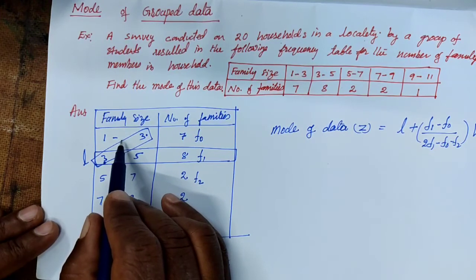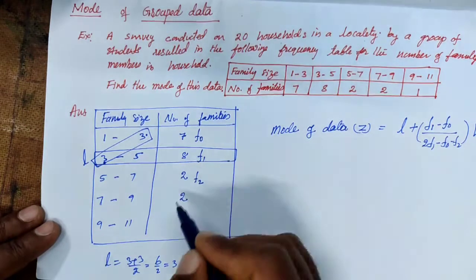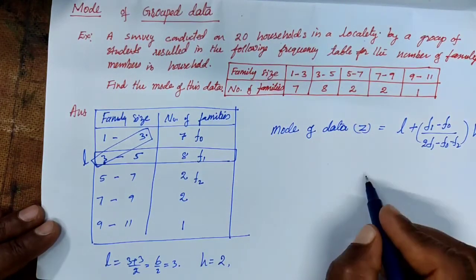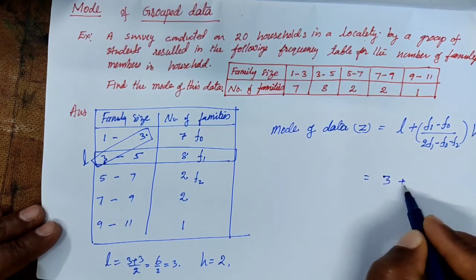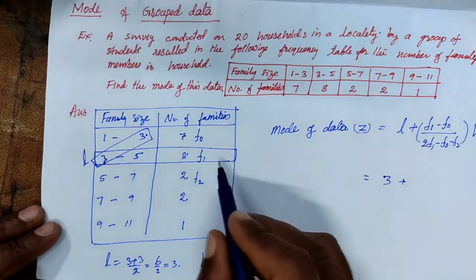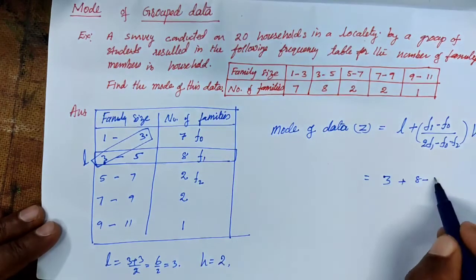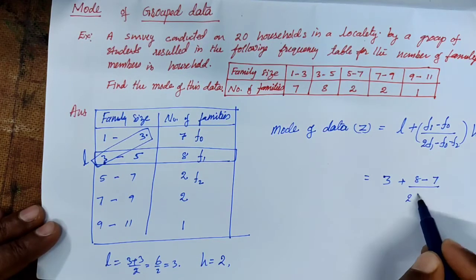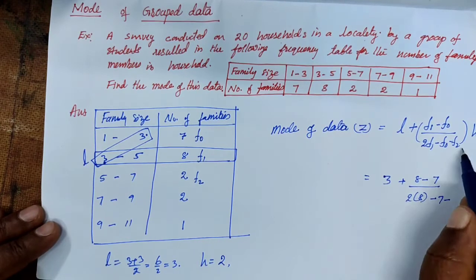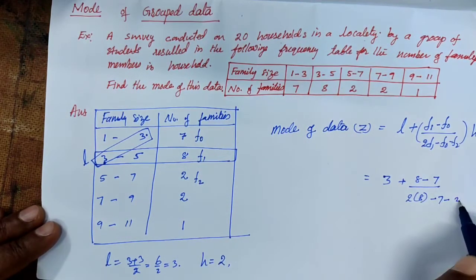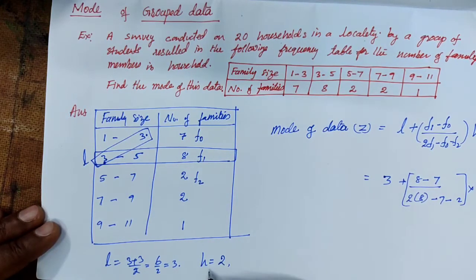Now we substitute these values in this formula. L is 3 plus, F1 is 8, F0 is 7, by 2 into F1 8, minus F0 7, minus F2 which is 2, into H, which is 2.